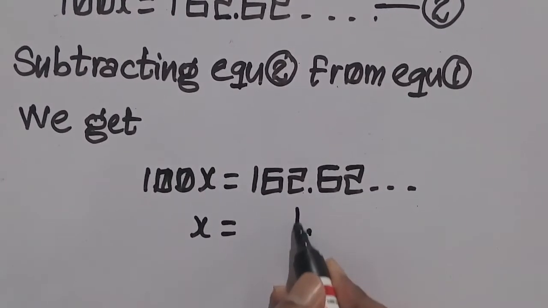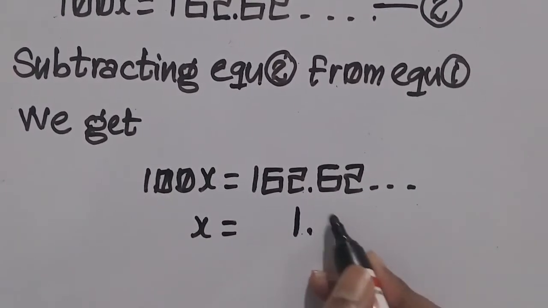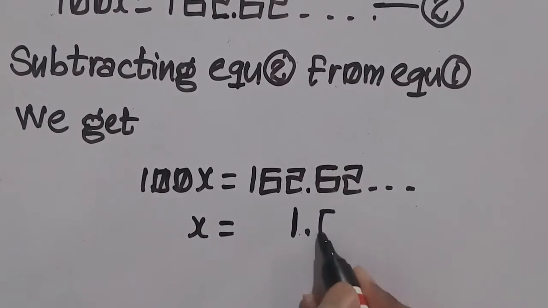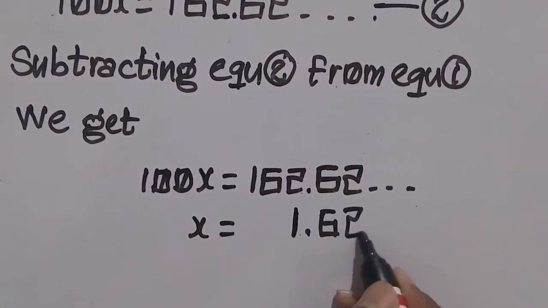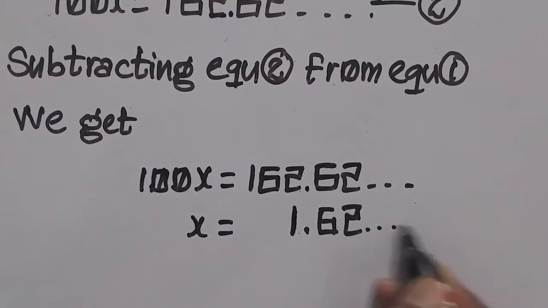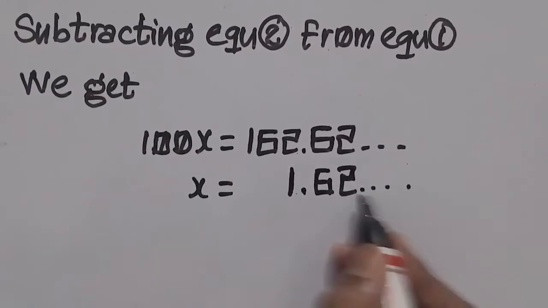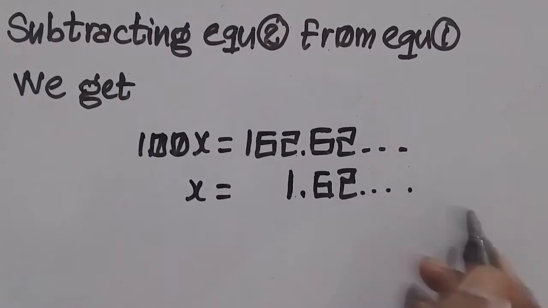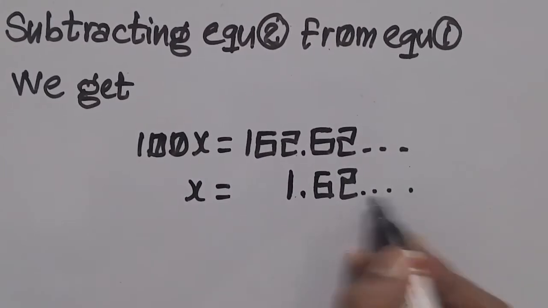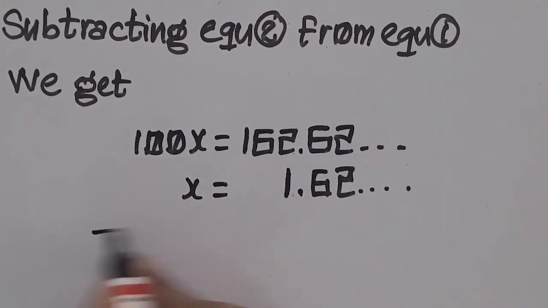Afterwards, on the left side there is 1 and after the point on the right side there is 6 2 6 2 and so on. When you subtract, it cancels and you get 0, therefore no need to write.